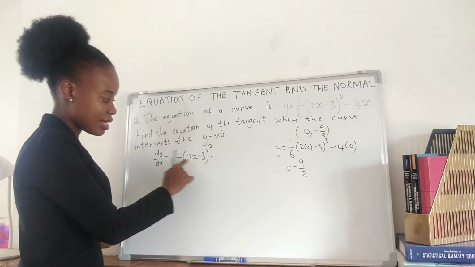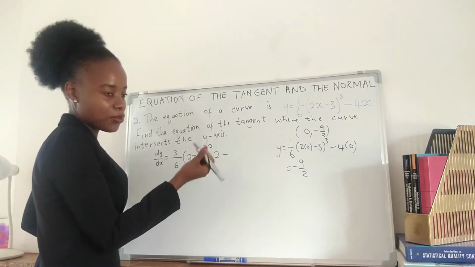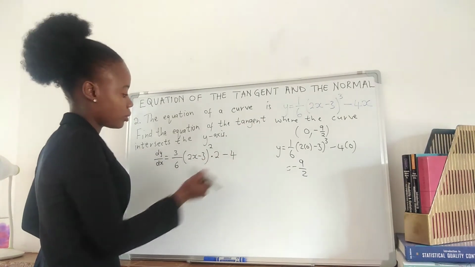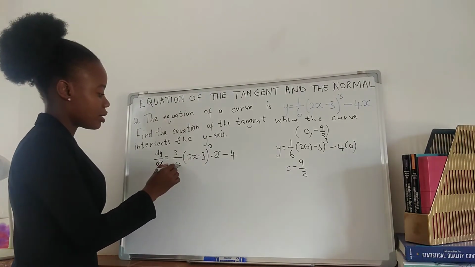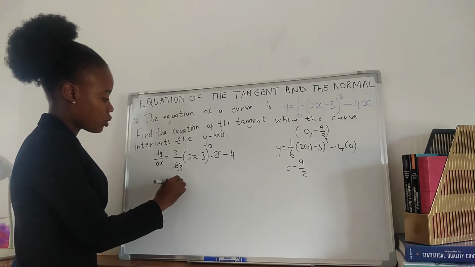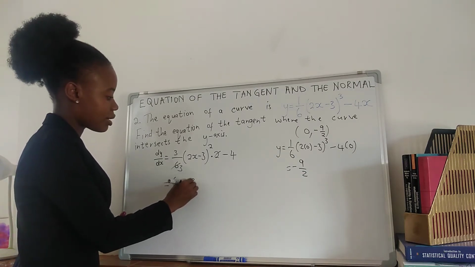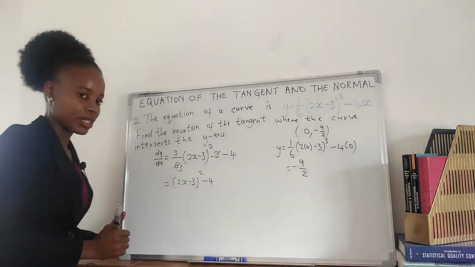If you differentiate this, you're going to get 2, right? Minus, if you differentiate 4x, you get 4, okay? Now, this here is 3, 3 over 3 is 1, so we're going to have (2x minus 3) squared minus 4, right?